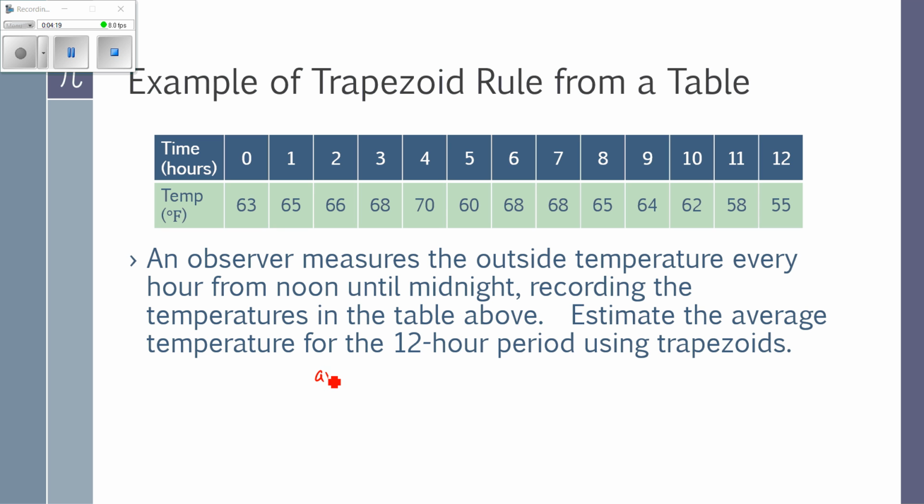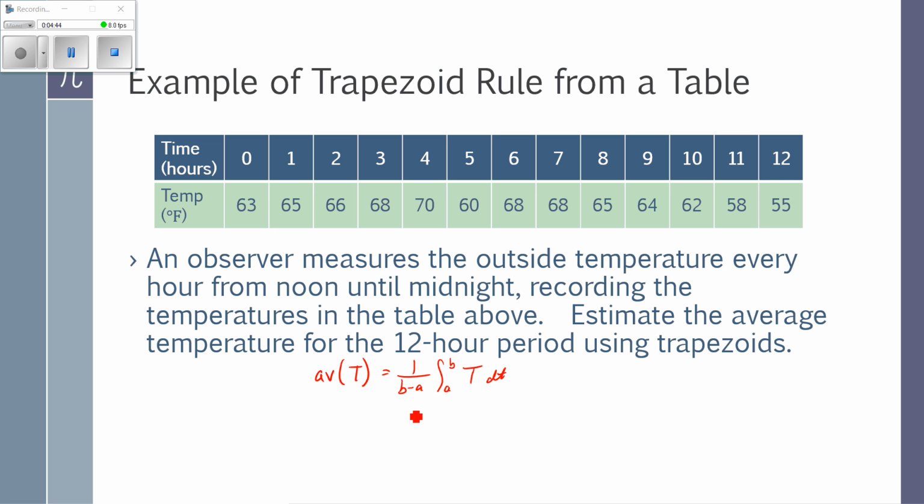So I need the average value of temperature, which is going to be 1 over b minus a times the integral from a to b of my temperature data. Well, because I don't have an equation for temperature, I have to use the table, so I can only estimate this. And this is where it says estimate using trapezoids, which tells me there should be an integral involved in this.